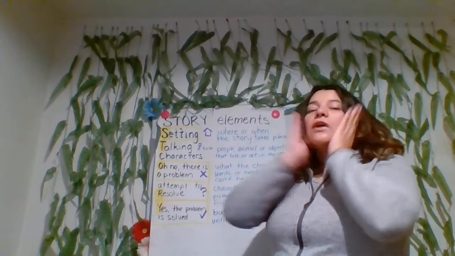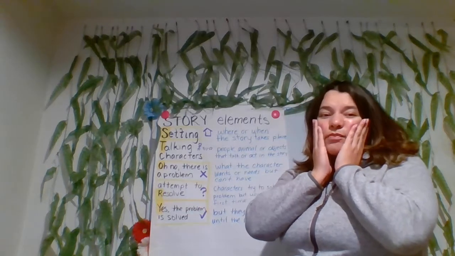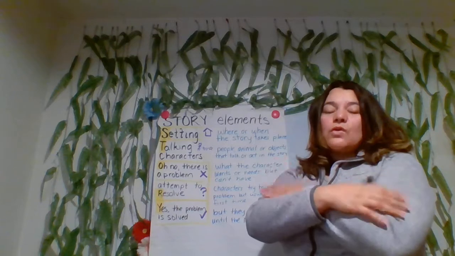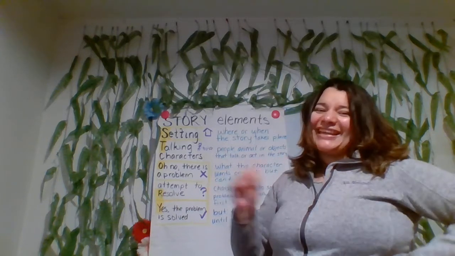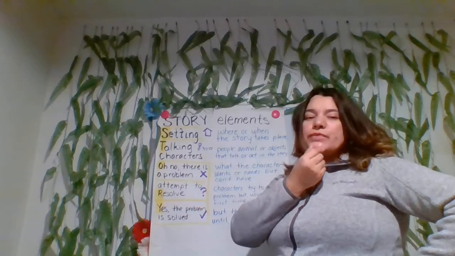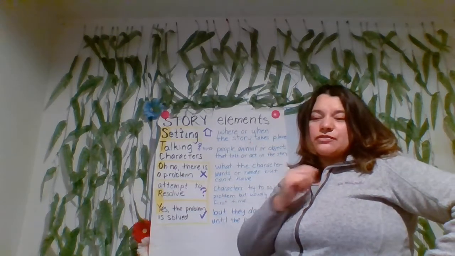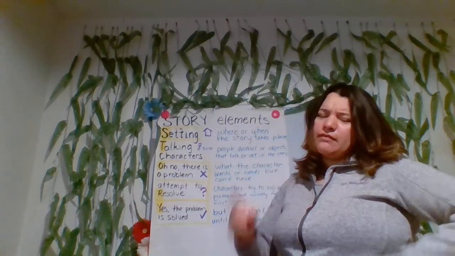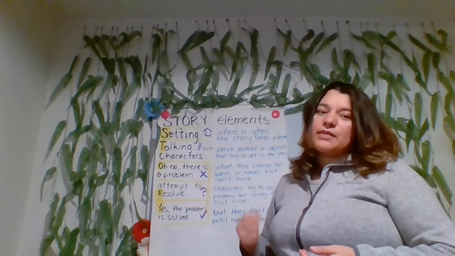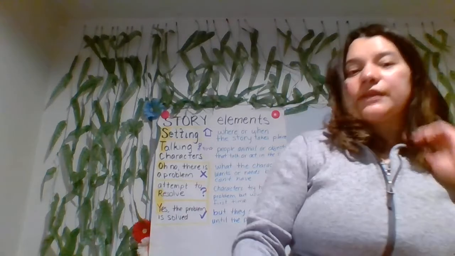O stands for, oh no, there is a problem. And the problem is when the character wants or needs something, but they can't have it. They usually try to resolve the problem, but the first time they try, they fail, but they're not going to give up and they're going to try again until finally, yes, the problem is solved.